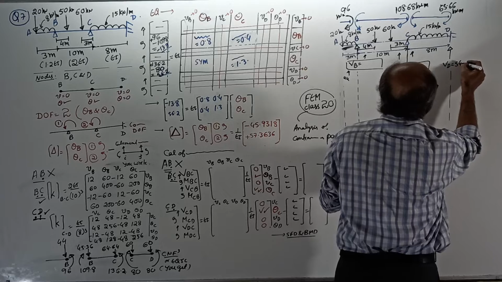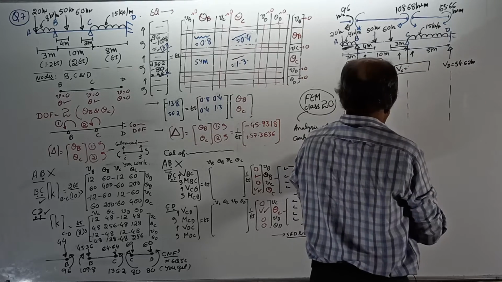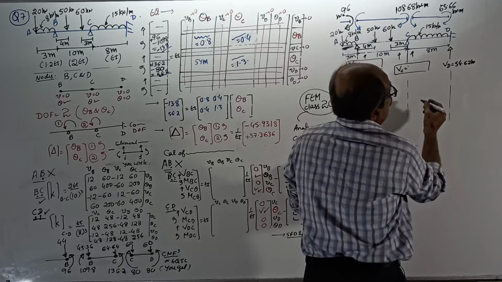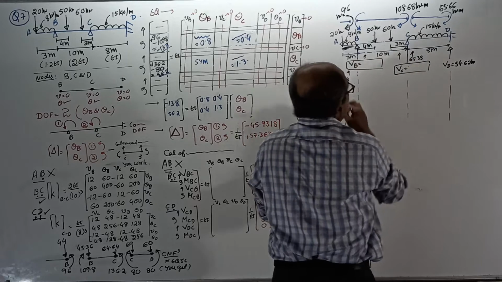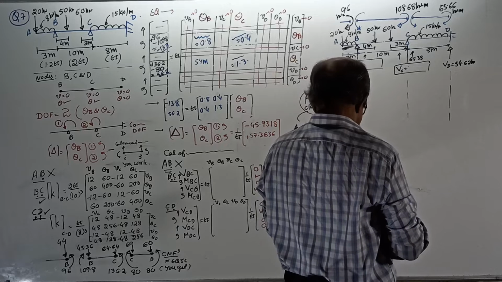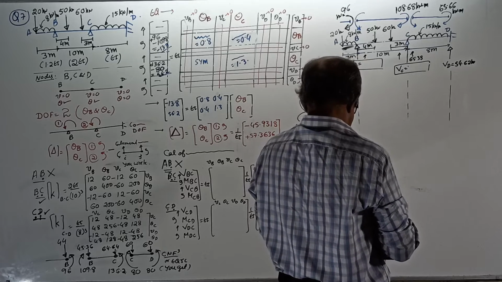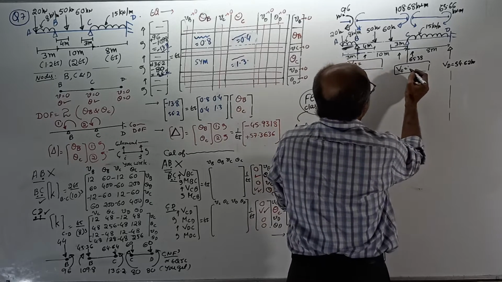54.62. One, that is 54.62. 15 into 8 minus 54.62 is 65.38. This reaction is 65.38. This reaction is 63.27.